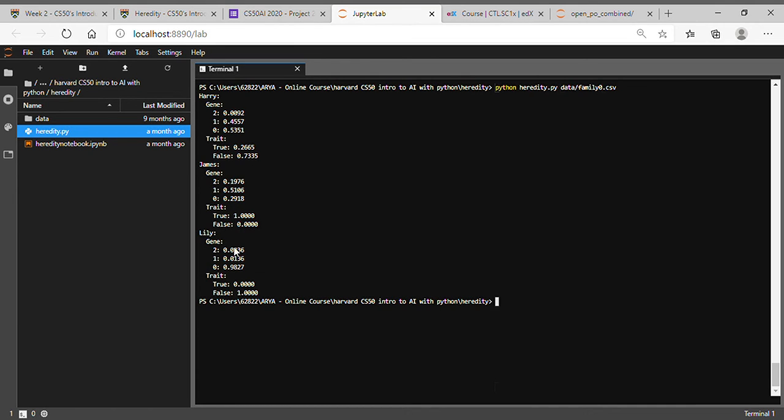So our AI is able to infer from the information given the probability that each person has 2, 1 or 0 genes, and then also the probability of each person whether that trait is expressed or not. So now let's move to the second family.